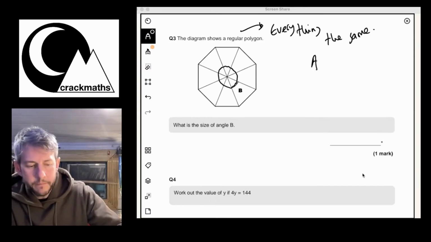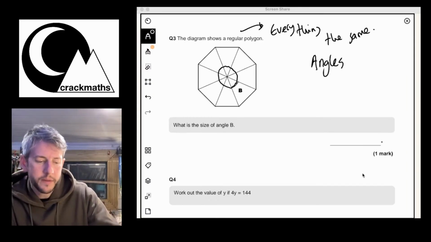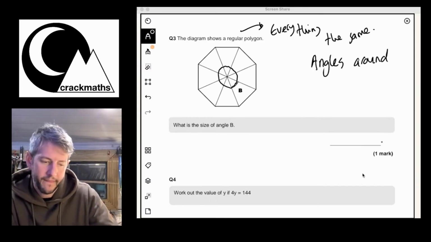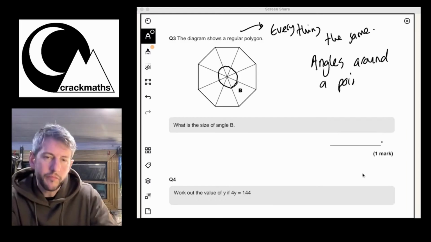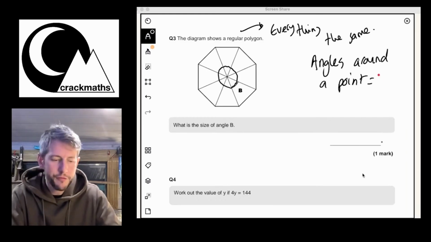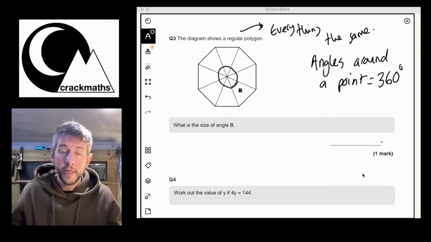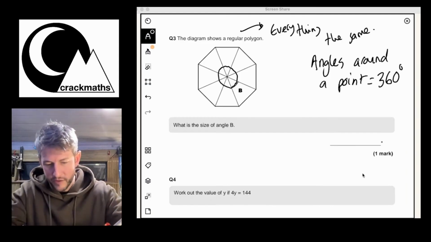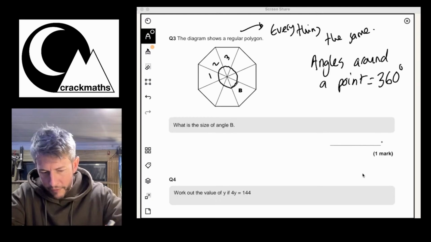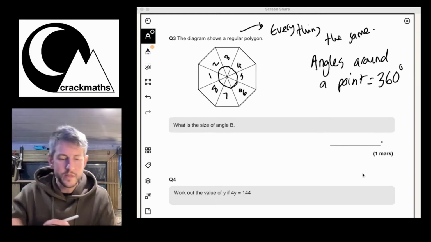So we need to know that angles around a point equal 360 degrees. So all of these angles will add up to 360 degrees. We've got 1, 2, 3, 4, 5, 6, 7, 8 angles there.